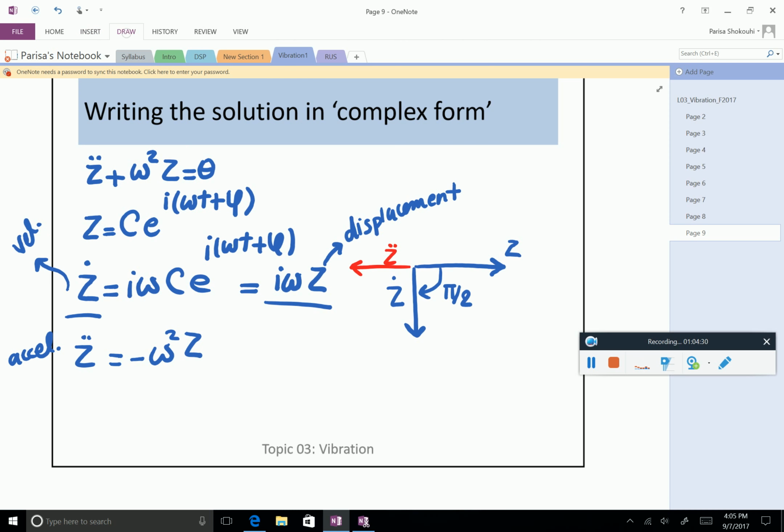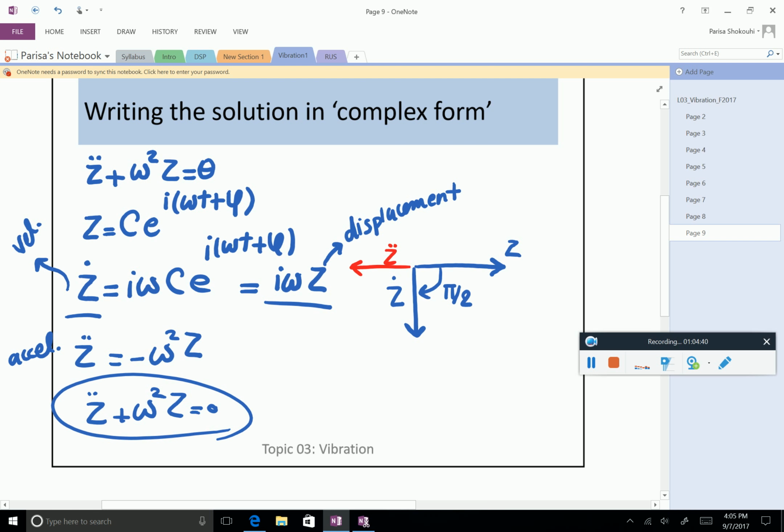And of course, you can see that this satisfies this equation.